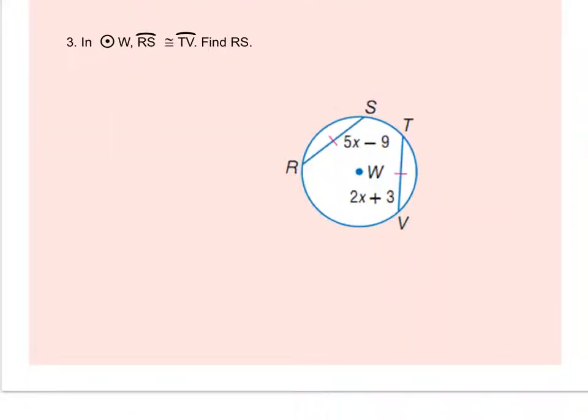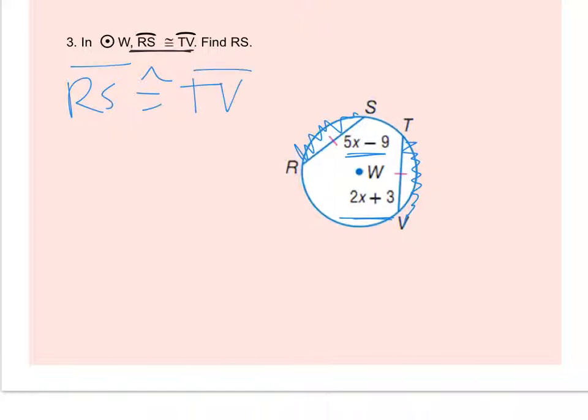Now, in circle W, arc RS is congruent to arc TV. Notice how it's labeled, the arcs. Then from that I can conclude RS, the chord, is congruent to TV, the chord. So that means 5x minus 9 is equal to 2x plus 3. And they want to figure out RS.